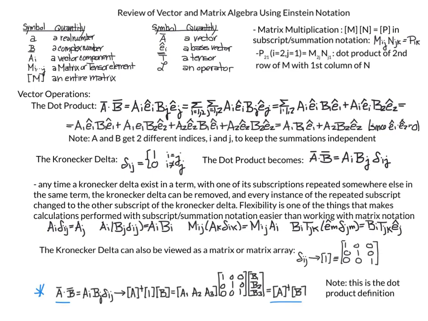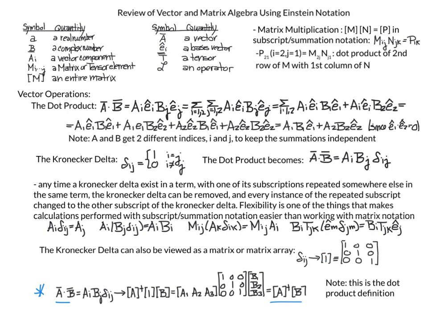The last note we have for the Kronecker delta is that it can also be viewed as a matrix or matrix array. So this Kronecker delta ij is equal to the matrix 1, which is defined to be the identity matrix here. And if we're in 3 dimensions, it's this 3-dimensional identity matrix. So then a dot b becomes a sub i, b sub j, the Kronecker delta ij. We've already determined that from here. But this delta ij can be considered a matrix.